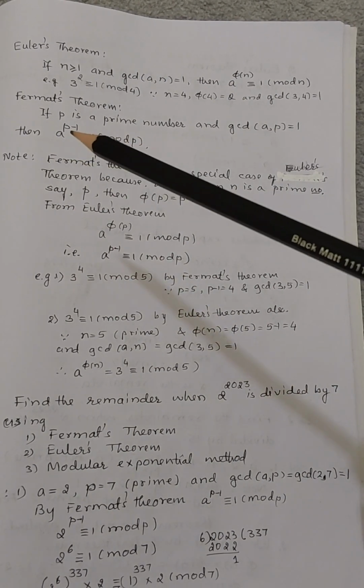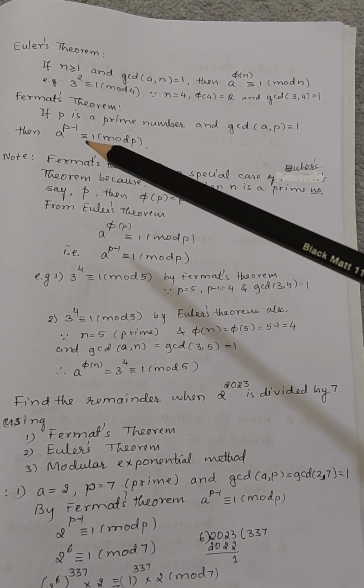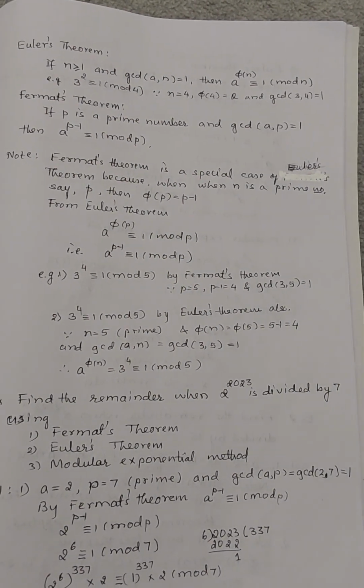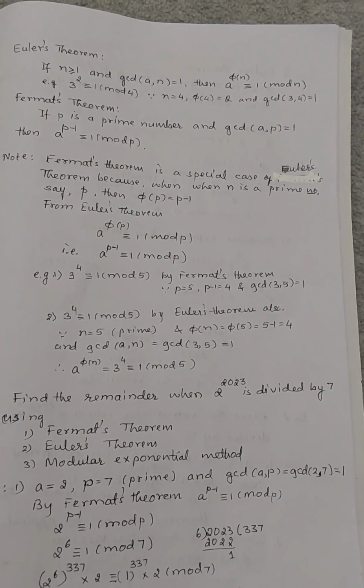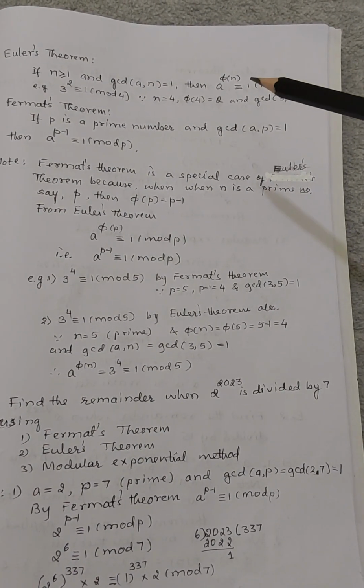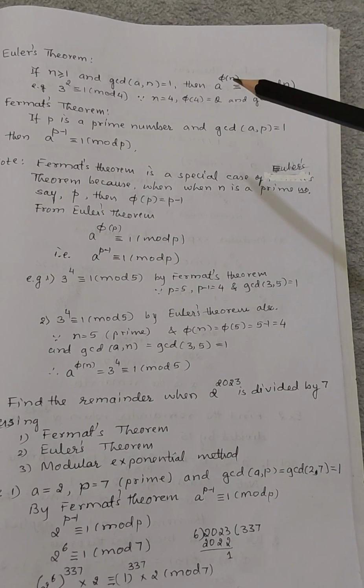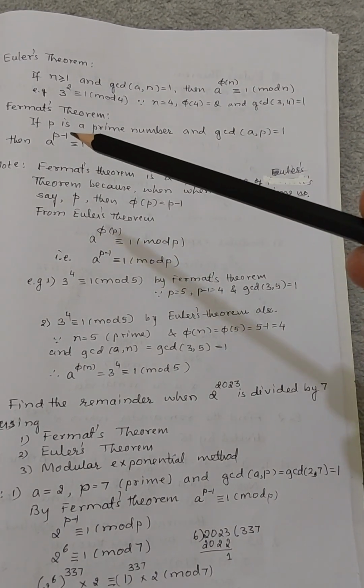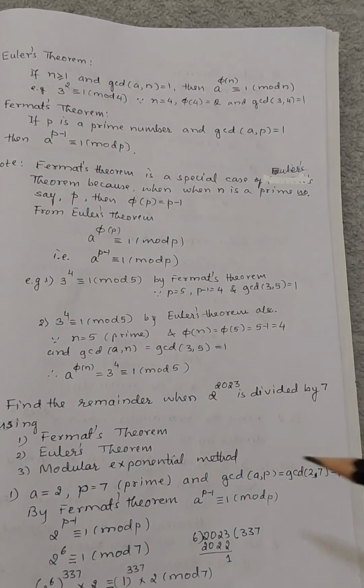So a to the power p minus 1 is always congruent to 1 mod p. This is Fermat's theorem, because when n is prime, its Euler's totient will be n minus 1.